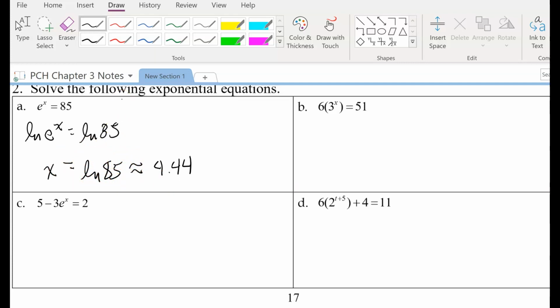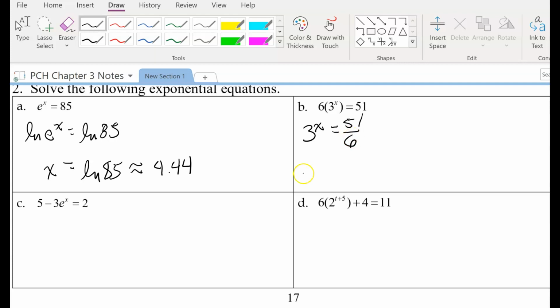All right, now for part B, 6 times 3 to the x is equal to 51, so let's divide both sides by 6. So I get 3 to the x is equal to 51/6. Now at this point, we can basically use any kind of log that we want.